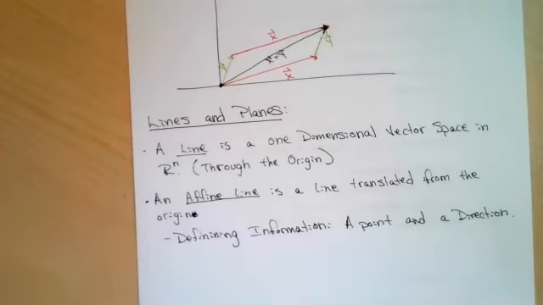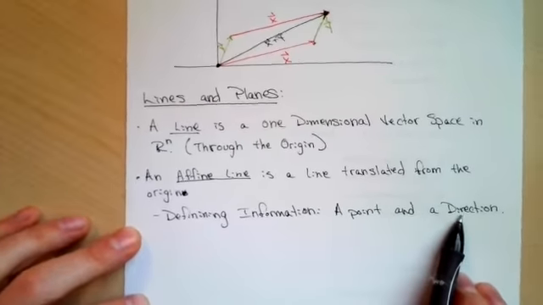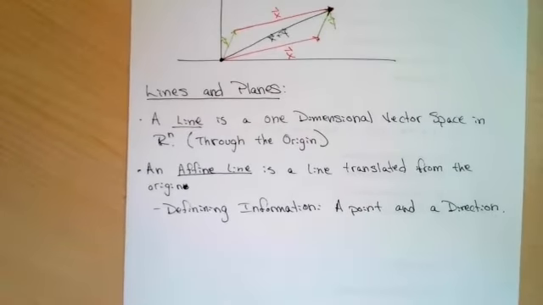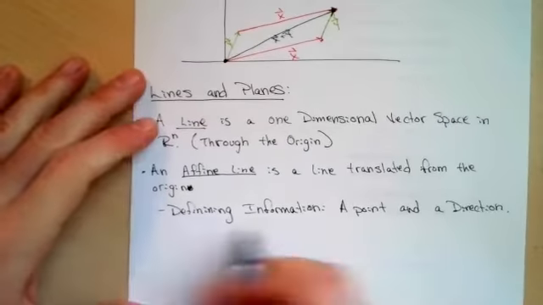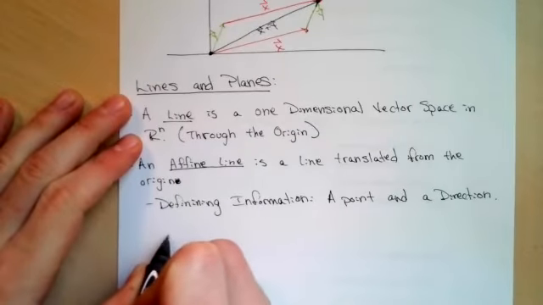So this is the minimal geometric information. If you have a starting point and then a direction of travel, namely a vector, then that information can define a line. So we often parameterize lines in such a way.